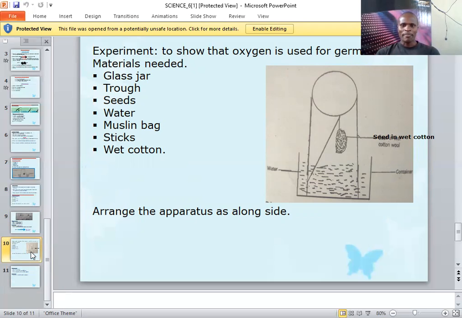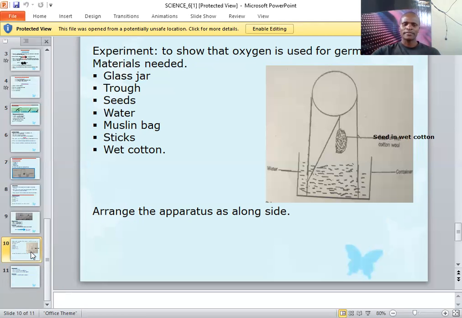Therefore, the space that was left in the glass must be occupied by water that was in the trough. That's why after some 5 days, the level of water in the glass increased, to replace the used oxygen by 1/5.